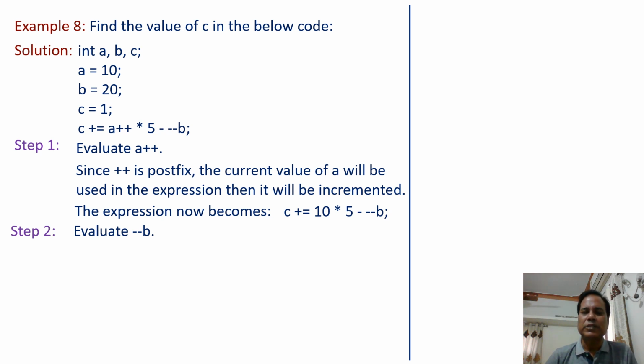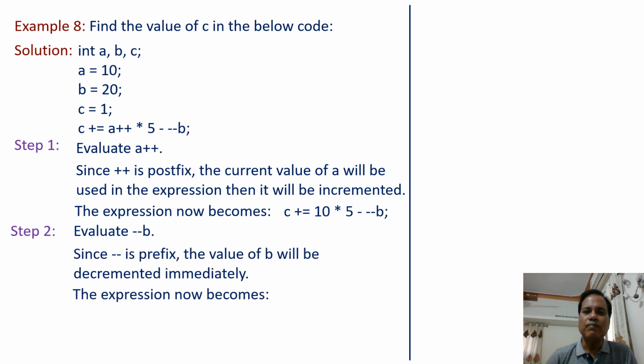In the pre-decrement operator, first the value of b is decremented. Here b is 20. So this value is decremented and now becomes 19. So that 19 is used in the expression. So the expression now becomes c += 10 * 5 - 19.